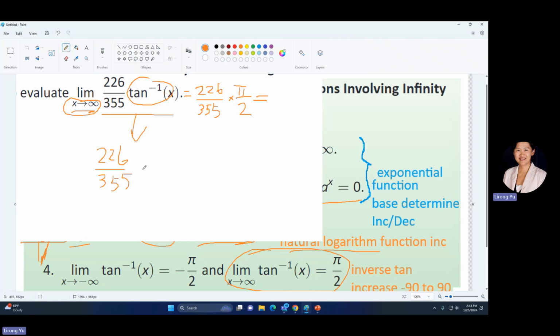Most of us have a tangent inverse on our calculator, so go tangent inverse of a million or 10,000. Because x is supposed to be really large, x goes to infinity. You can use x equal to a large number and then go tangent inverse of it. I think you get something like 0.9999.